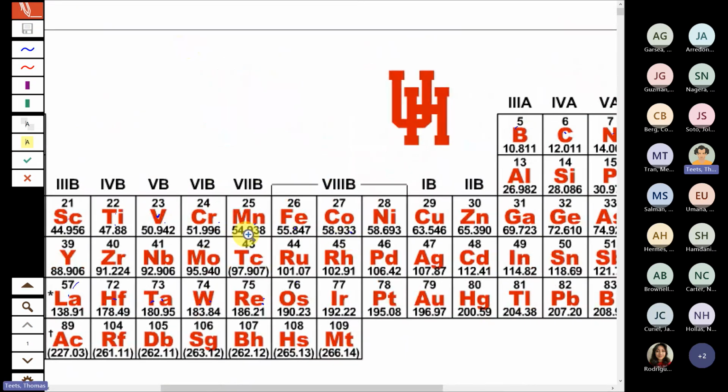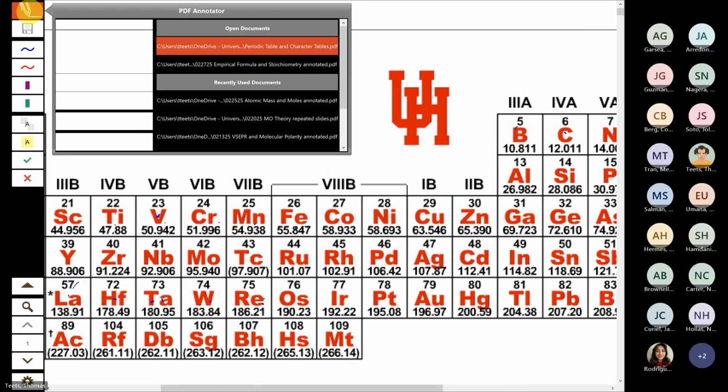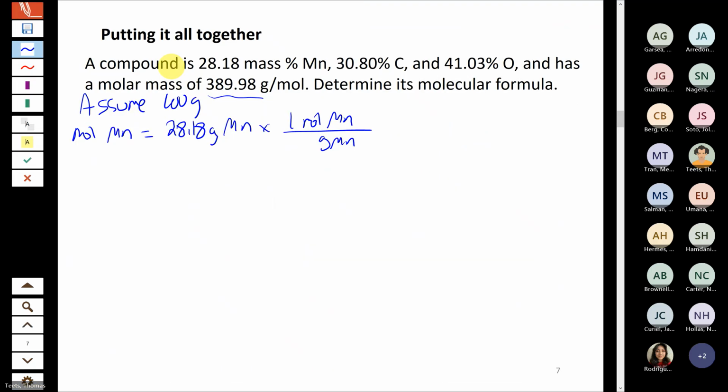It's 54.94 for manganese, which is atomic number 25. So 54.94 grams of manganese in 1 mole. That's its atomic mass. So we get 0.5129 moles of manganese.